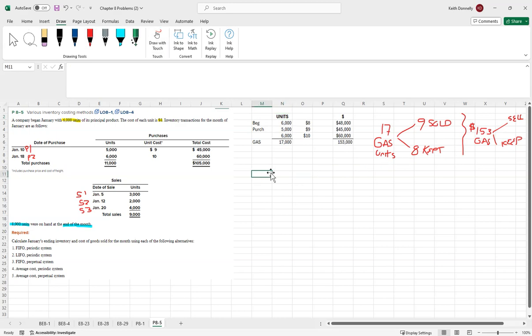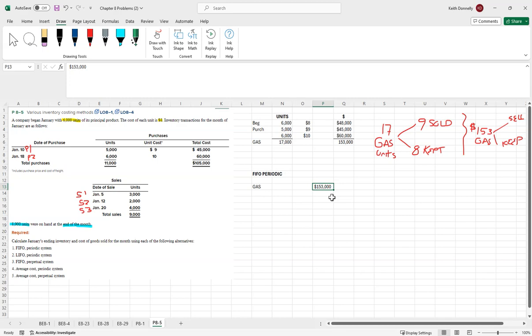So let's start here with FIFO periodic. One of the things about how we're going to approach this is, our goods available for sale in dollars is 153,000.